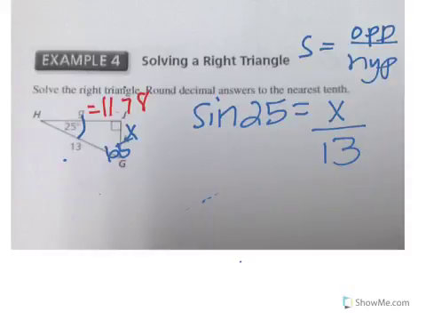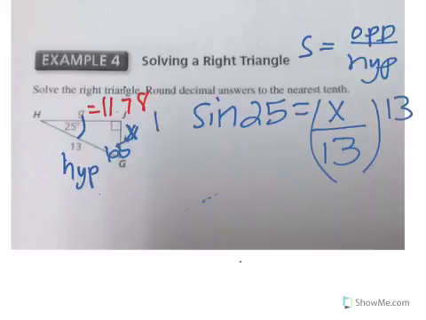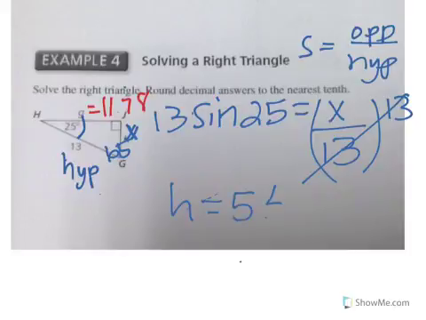Opposite to our 25-degree angle is where I put my x, and the hypotenuse is over here where the 13 is. So same concept. Get rid of the 13 in our denominator by multiplying both sides by it. That's what we would put in our calculator, and we would get the length of side h to be 5.49.